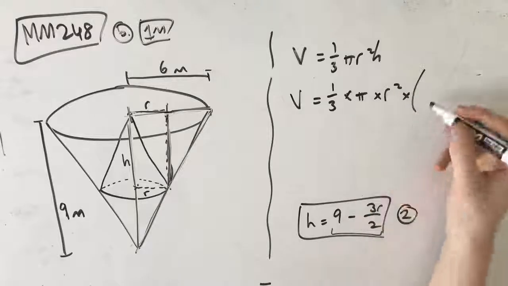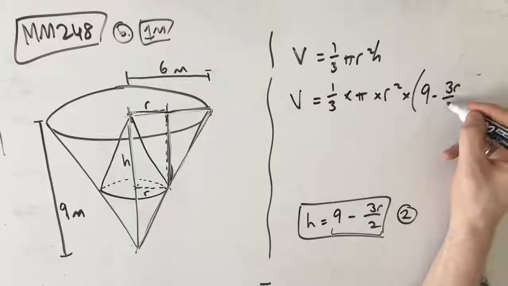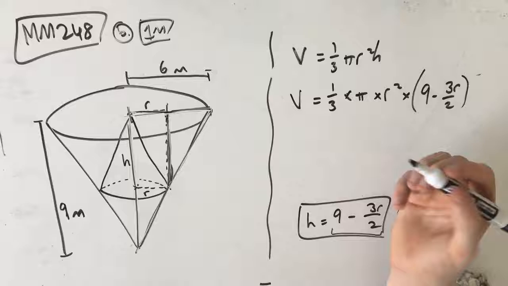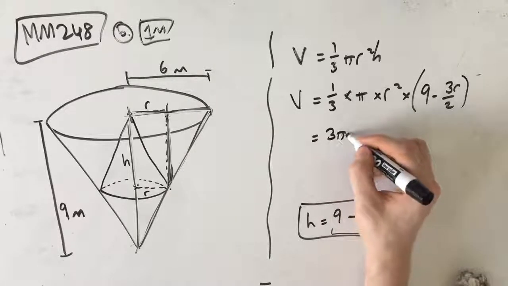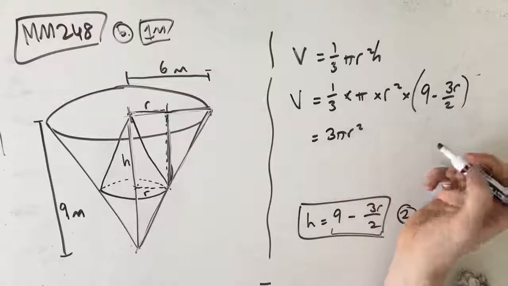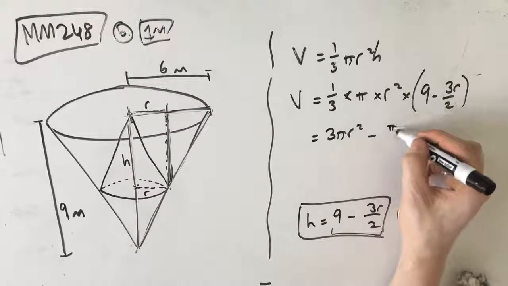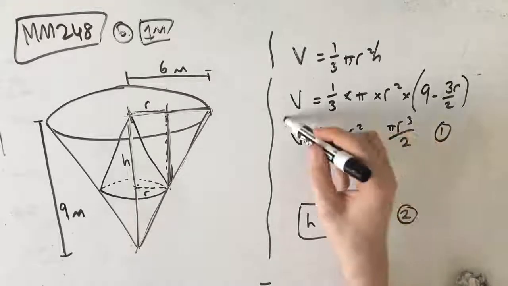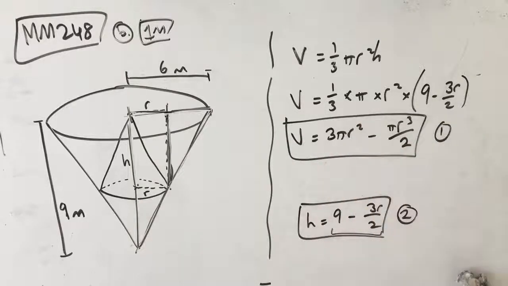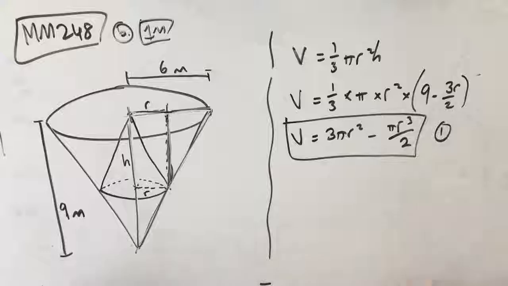We know that h is equal to (9 take 3r) over 2, which means we can replace h with that. From here, we can expand this out to get (3 pi r squared minus pi r cubed) over 2. That's our first mark, that's our volume, and that's it for part B.